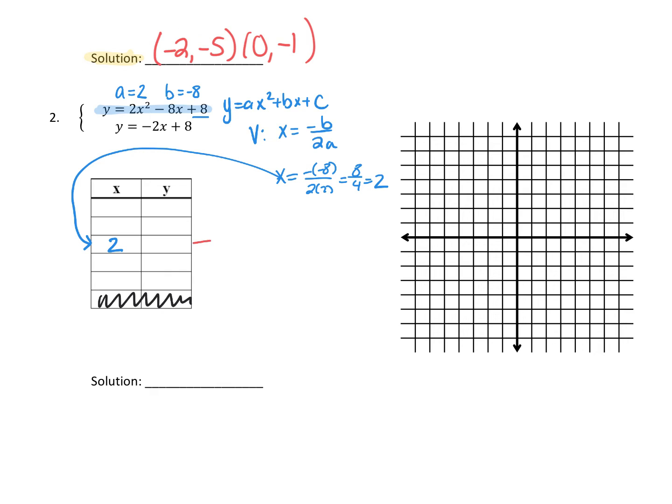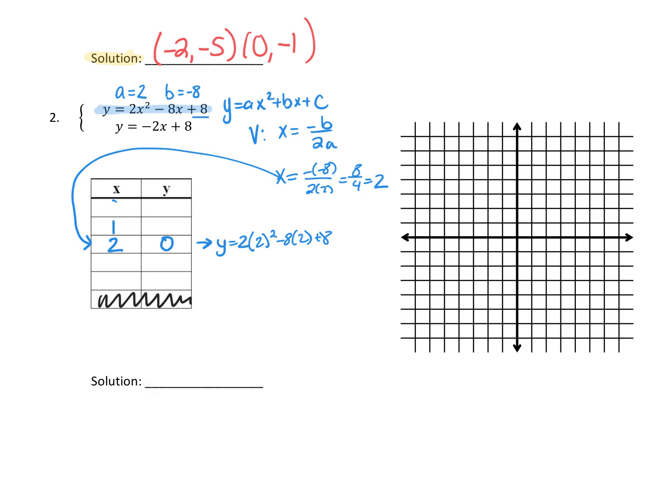Now, in order to get the y, I'm going to plug 2. I'm going to switch back to blue. So I'm going to plug 2 back into that equation I highlighted with blue, back into the quadratic equation. And when I plug in 2, I'm going to get 0.